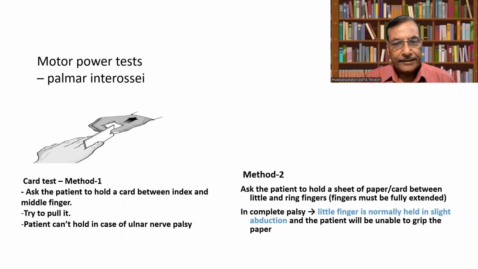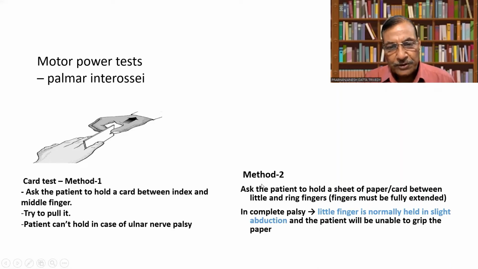Testing for the palmar interossei has several methods. One is the card test. Ask the patient to hold a card between his index and middle finger, and try to pull it. Patient can hold it in case of ulnar palsy.